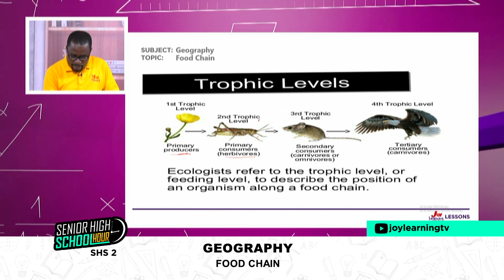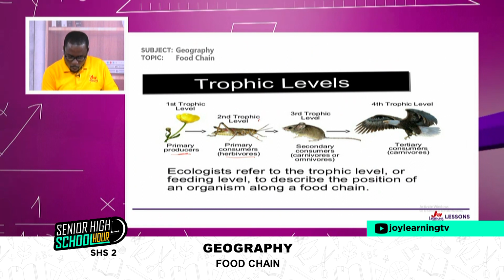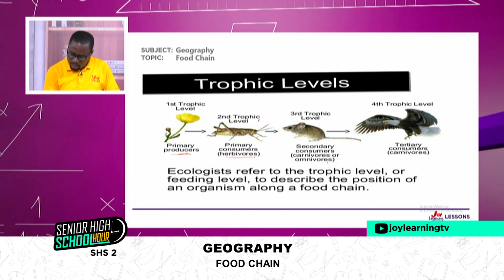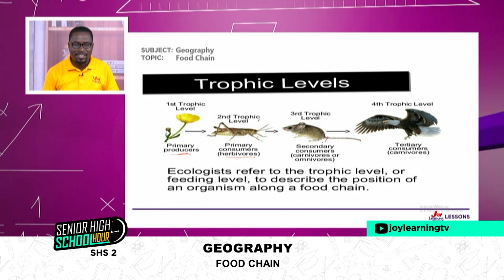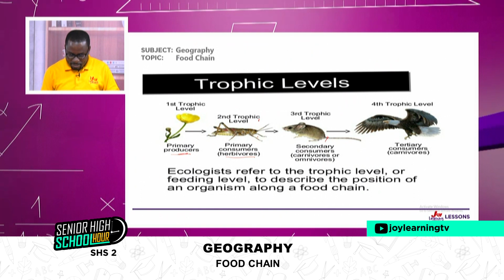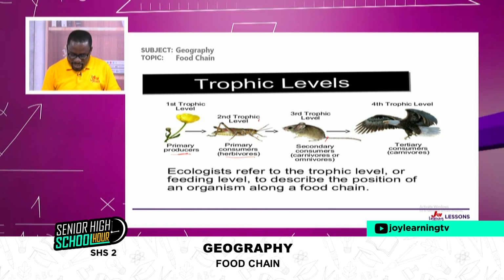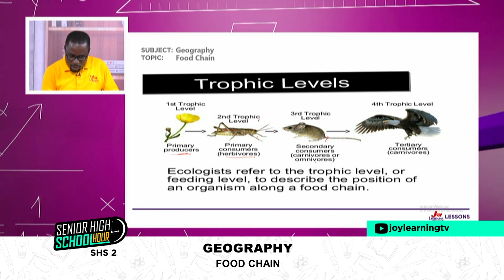Then, secondary consumers, which can also serve as carnivores or omnivores. So the rat is a stubborn rat. Have you seen that? It's a carnivore or omnivore.